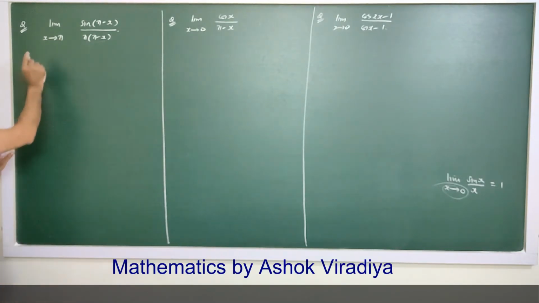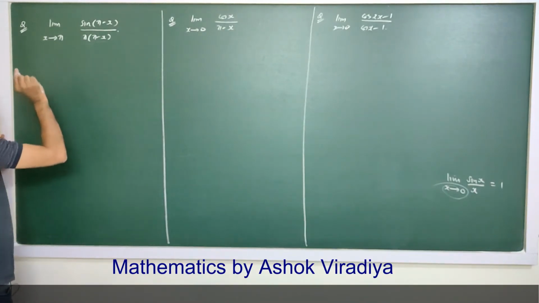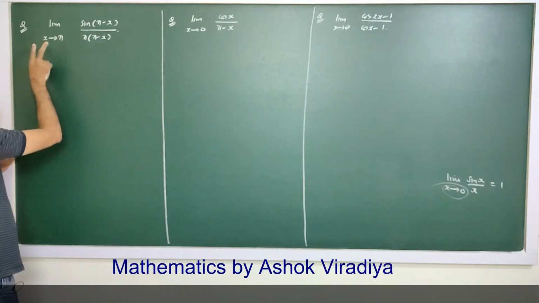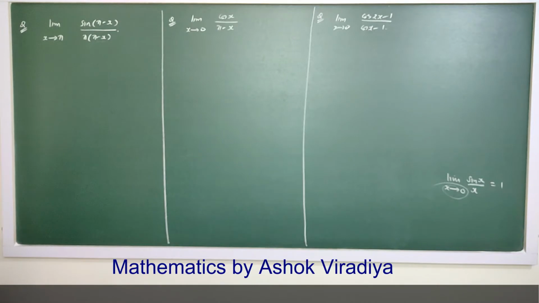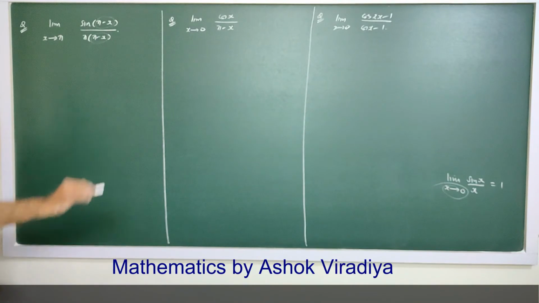So if x tends to pi is given, which means this number is non-zero, then if the difference of these two numbers is visible in the function, take that difference equal to y. Say here x tends to pi, the difference of this number is pi minus x, visible.